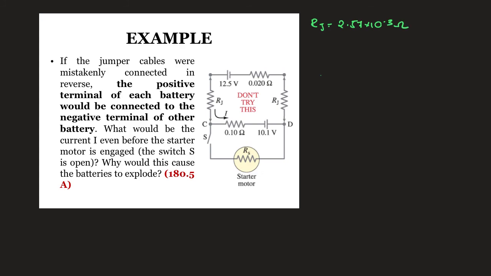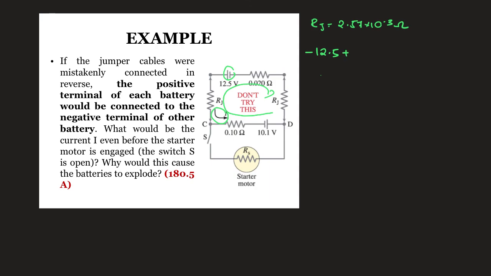So I'm going to draw a big loop here. The 12.5 here is going to be negative because it's moving from higher to lower potential difference. And the 0.02 over there is going to be positive because it's opposite to the direction of the current inside the circuit. So to make it easier, I'm going to do it like this.